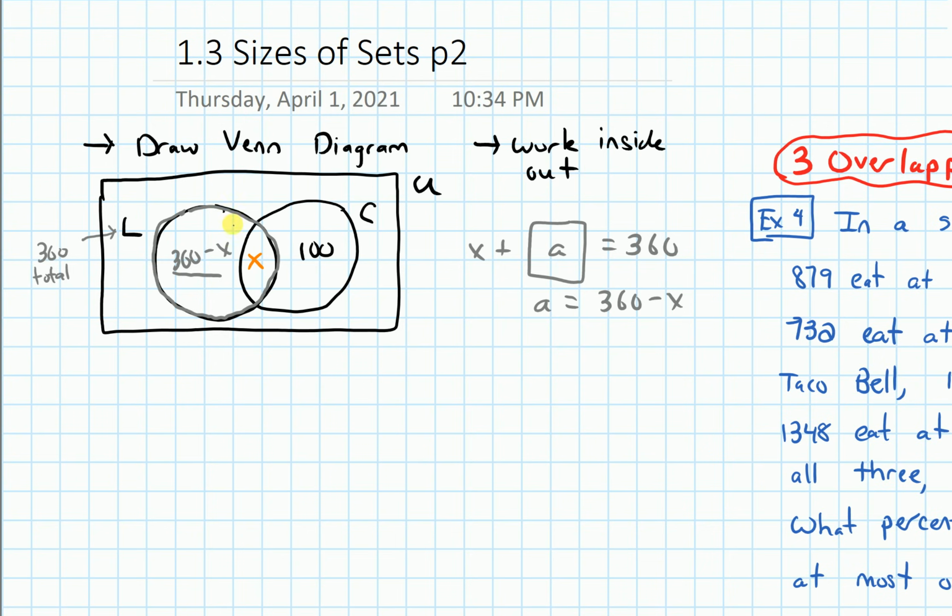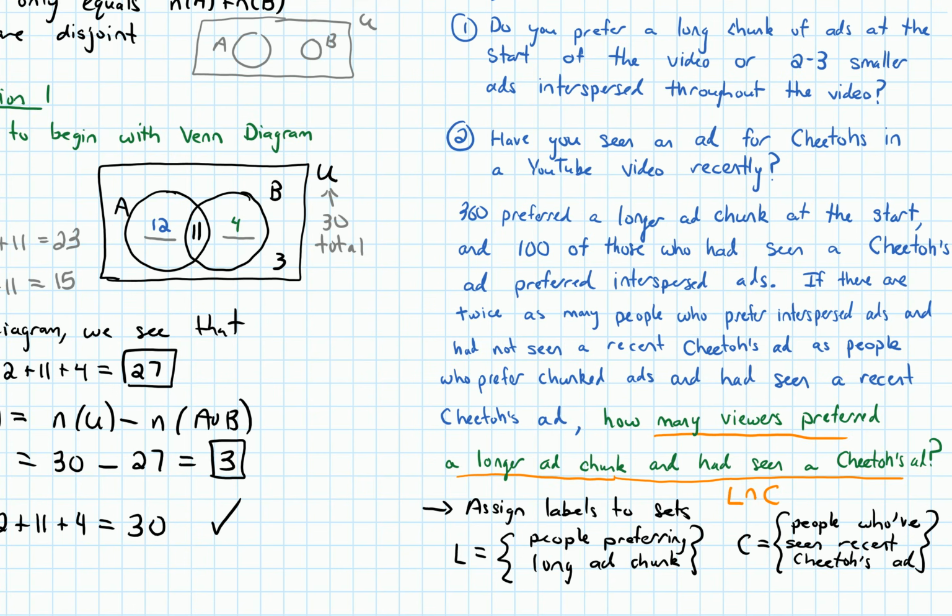All right, there's one final piece of information that the question gives us, and that is if there are twice as many people who prefer interspersed ads and had not seen a recent Cheetos ad as people who prefer chunked ads and had seen a recent Cheetos ad. So let's break this down. They're saying there's twice as many people in one section compared to another section.